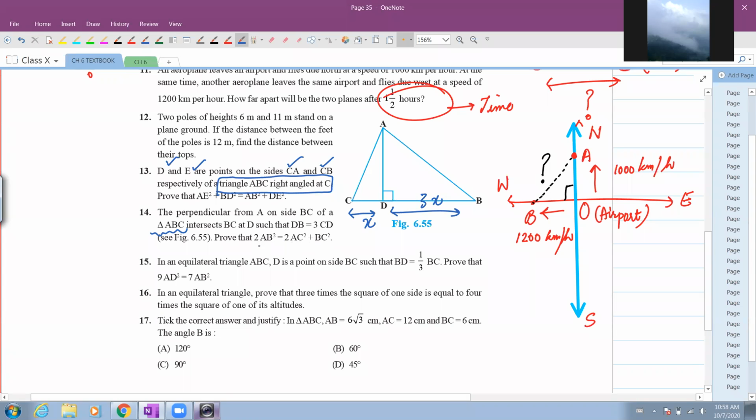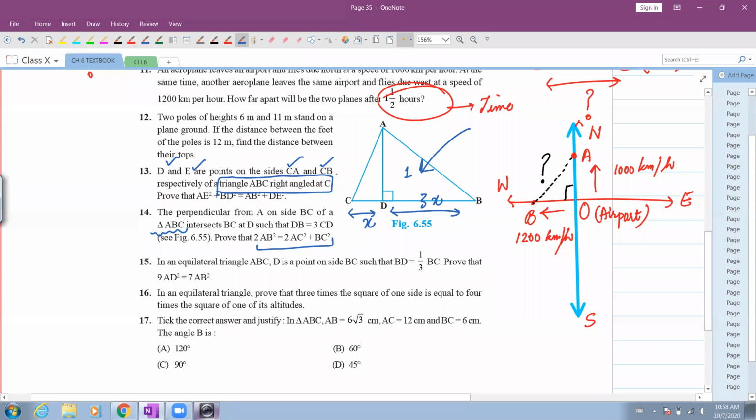The required answer contains AB square, AC square, BC square. As you can see, AB is the hypotenuse of this triangle, triangle 1, you could say. AC is the hypotenuse of the second triangle, whereas BC is the base of the whole triangle. It does not belong to any right triangle at all. So you need to work with these triangles side by side, and then we will see what we can do to find our answer.